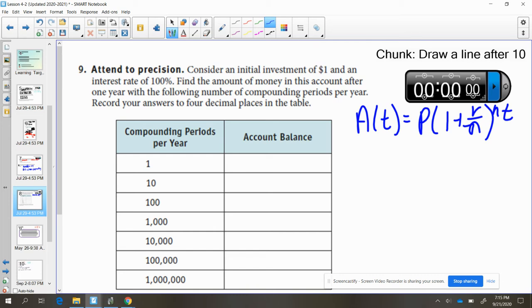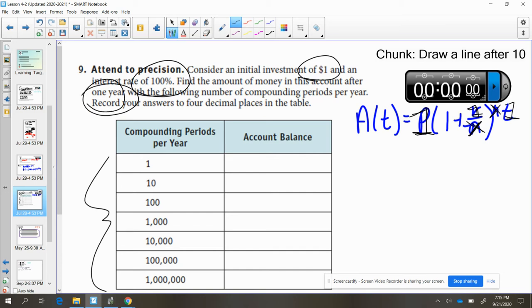Our initial amount, they said, is $1, and our interest rate's 100%, aka 1 as well. And for the sake of typing this into our calculator, what's changing here is our compounding, so that's going to be our variable x. And our time in the account is going to be 1 year.